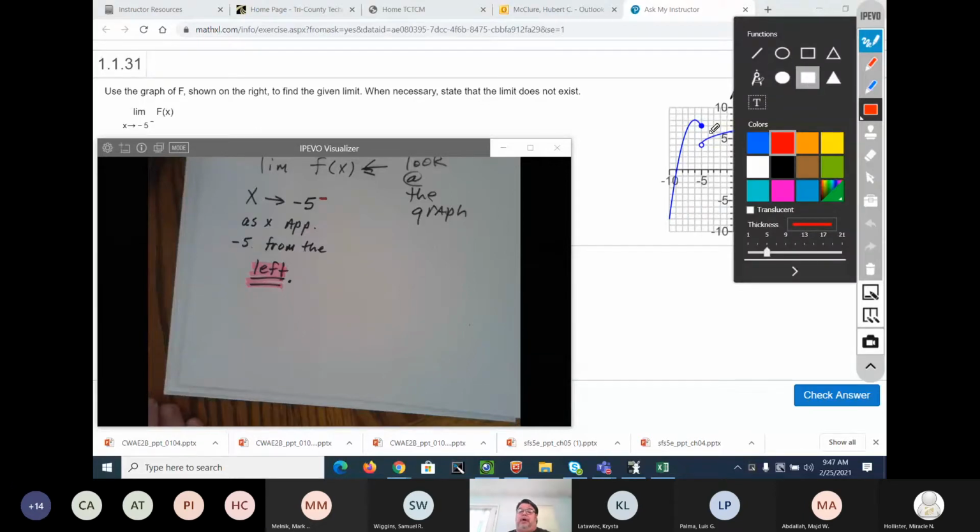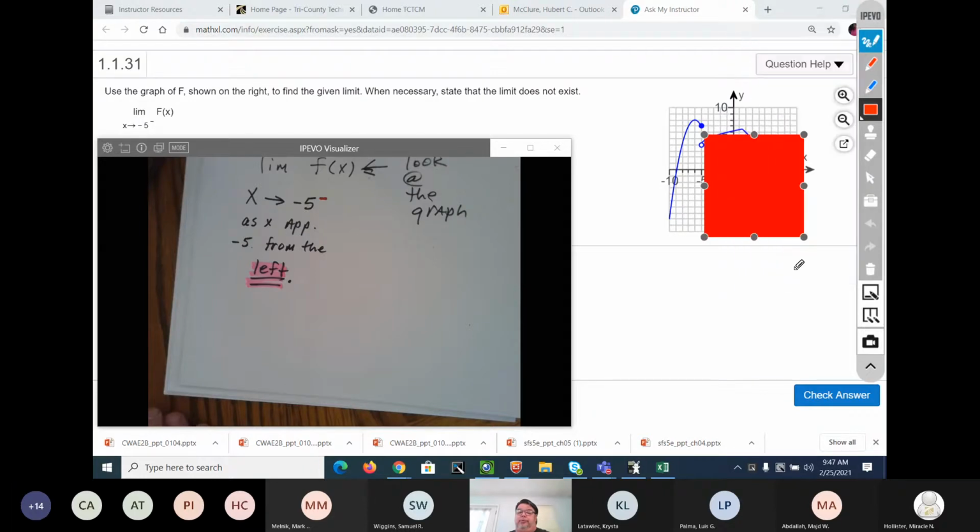Okay, so where is -5? -5 is right there. Well, Hubert, what are you doing? I'm taking this red box and I'm covering up the right side. Now, why am I doing that? Why am I covering up the right side of -5? Because you're not supposed to be looking at the right side, Hubert.